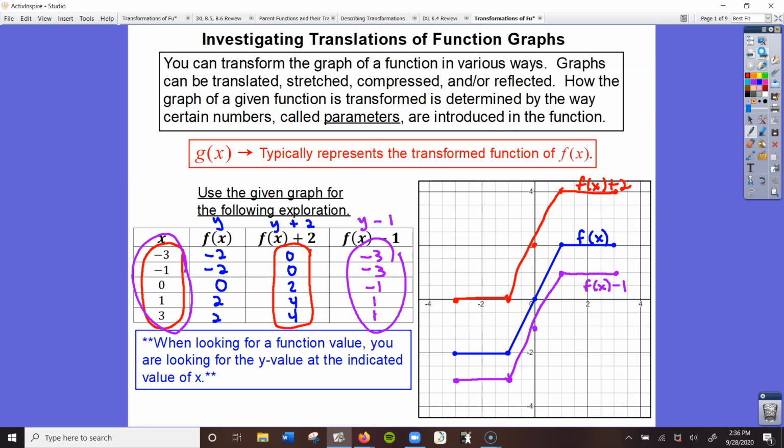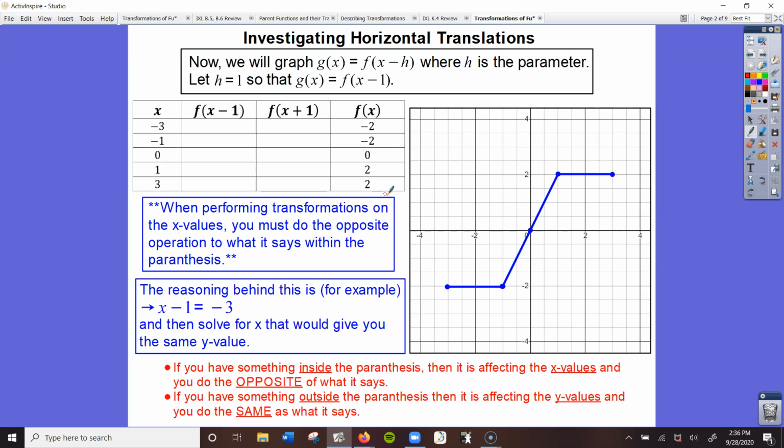Now when we go to the x's, you see that here this looks different, right? The -1 and the +1 is no longer after the parentheses, but it is within the parentheses. Now I have the explanation here as to why we're going to do what we're going to do. Basically, whatever is inside of the parentheses is going to affect the x values.